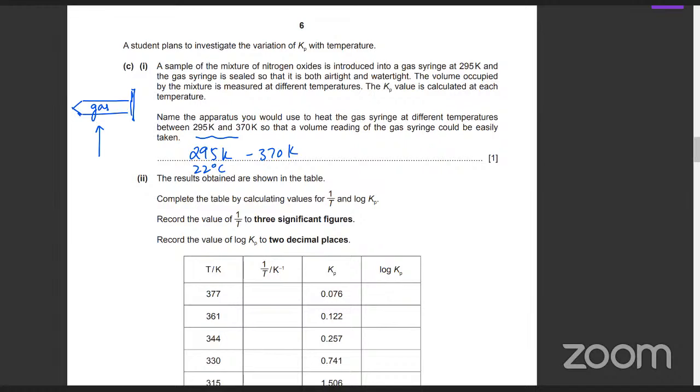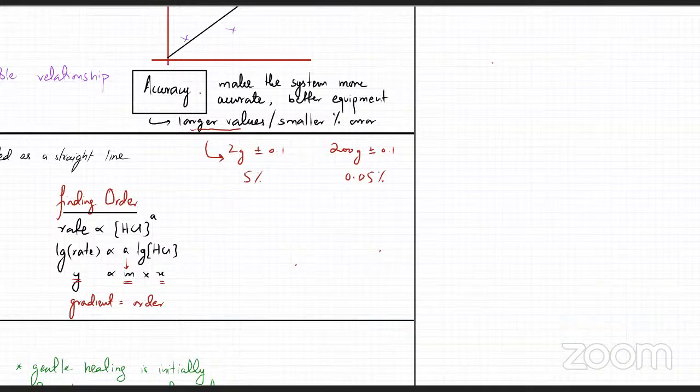What is 370? 370 is 97. And he's saying you have to have different temperatures between these temperature ranges. So how would you heat it? Like between 0 and 100 degrees centigrade, you have to vary the temperature between 0 and 100. What's the best way of heating it?